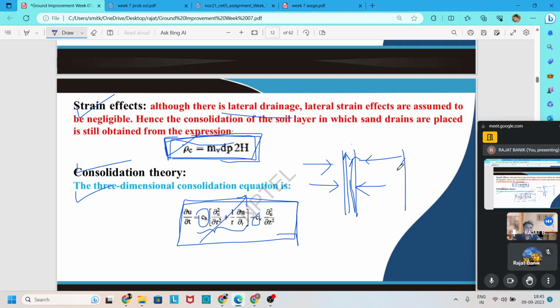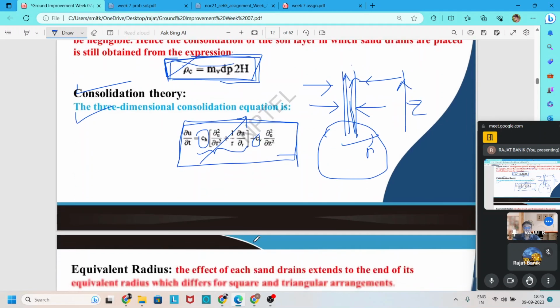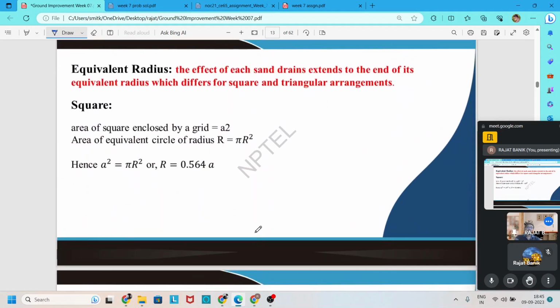Z represents the vertical direction and R represents the radial direction. By this formula, we can derive the consolidation time, the rate of consolidation, and the degree of consolidation. In the next slide, we discuss the equivalent radius.